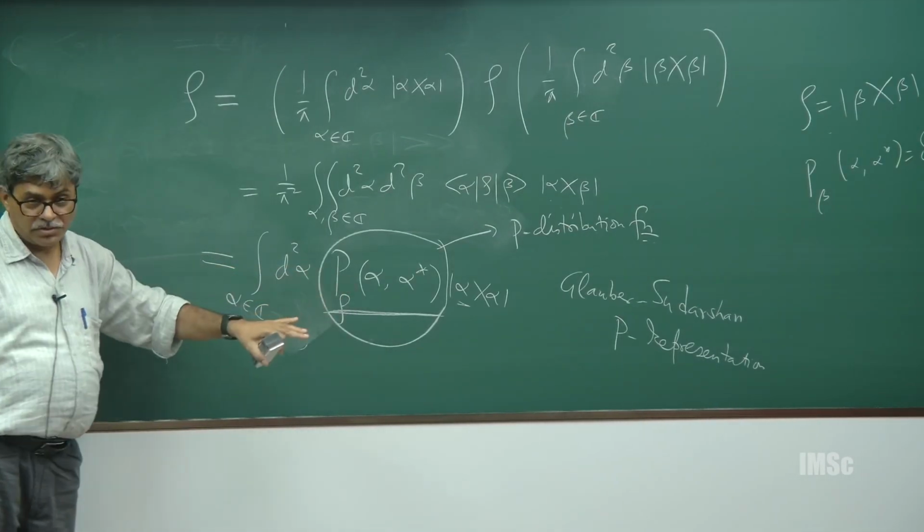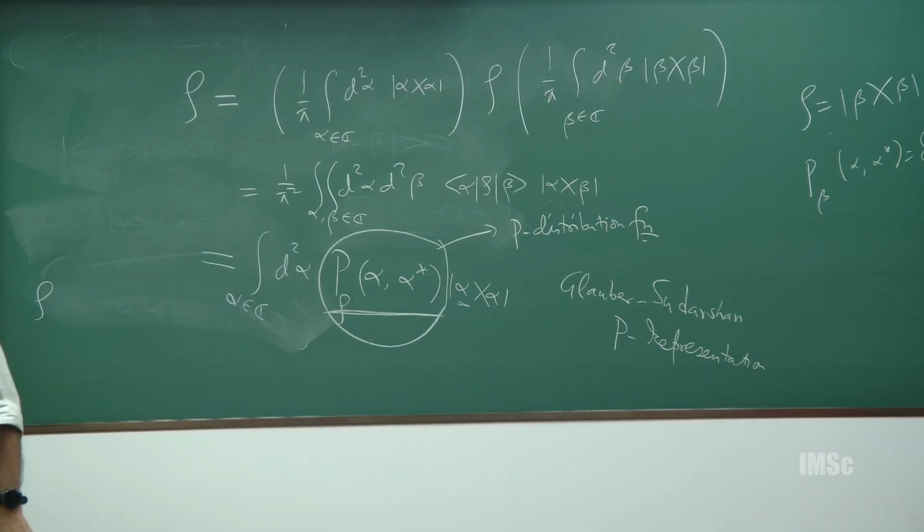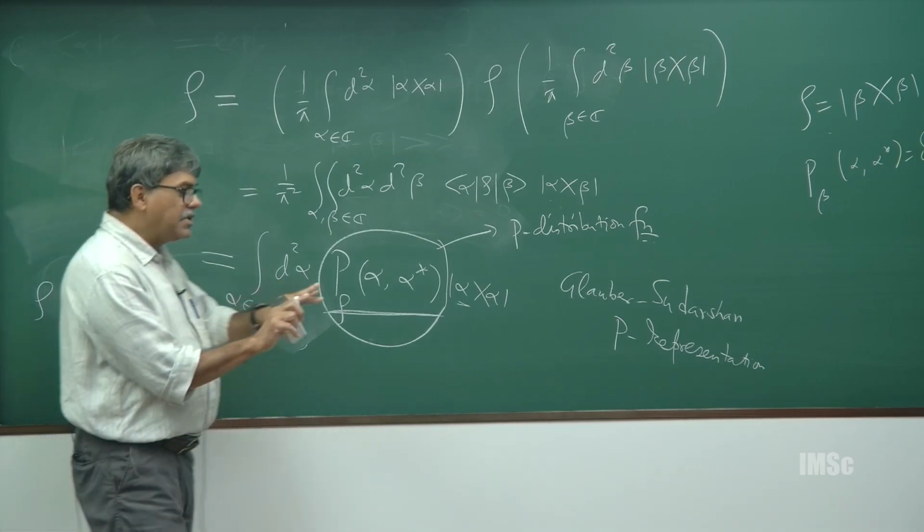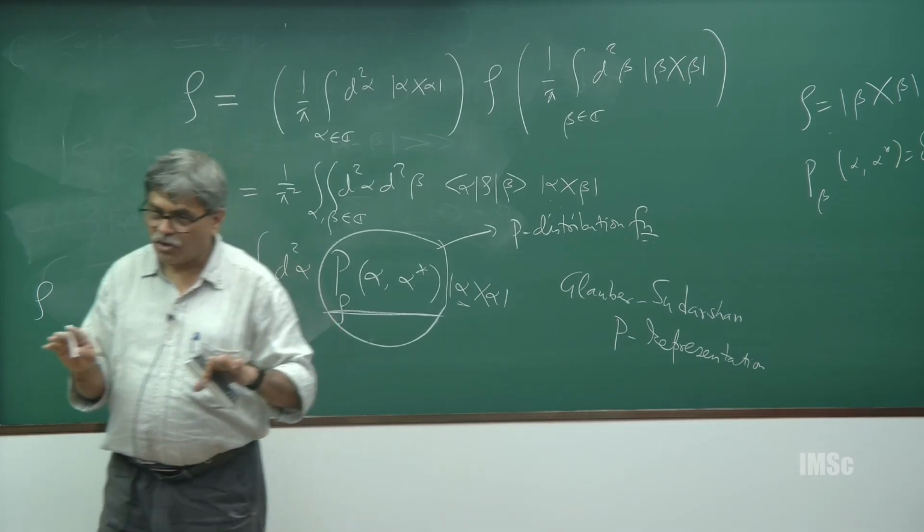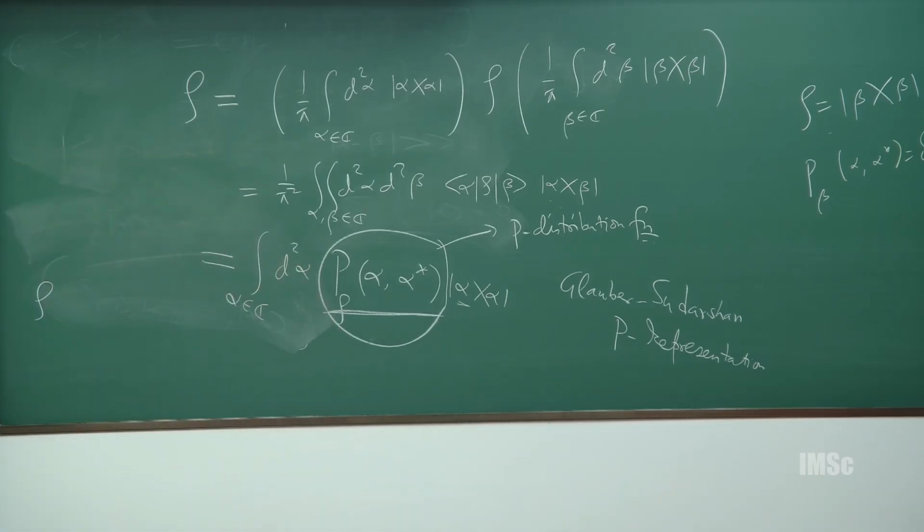The answer is no. And why is this no? Basically the point is that in the coherent state you have the minimal uncertainty of the quadrature variables. In all other states such minimum uncertainty is not there.